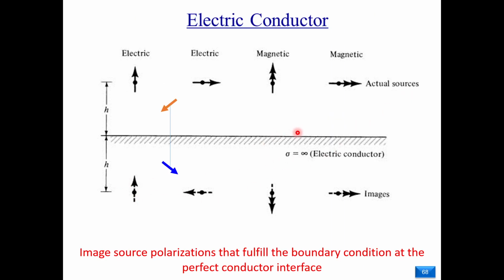So to fulfill the boundary condition, if we have an electric dipole, an electric source that is oriented in the vertical direction, the image would be the same polarity. So if the current is flowing in that direction in the actual source, the image would have the current also flowing in the same direction.